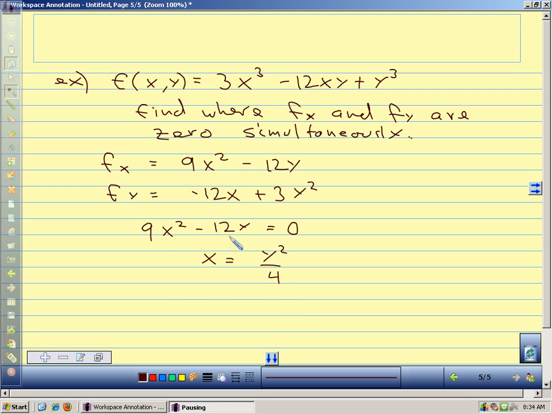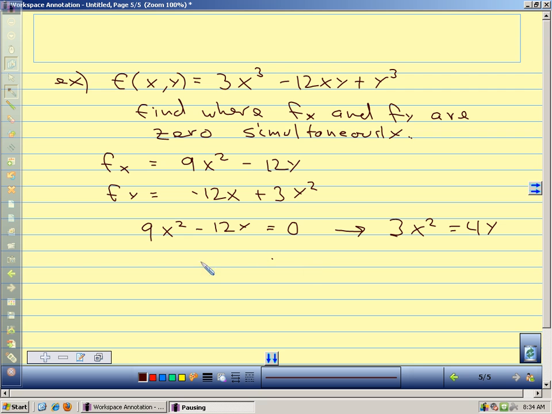Divide everything by 3. Sorry, I jumped ahead a step. I solved my y equation here. So this gives me 3x squared equals 4y.